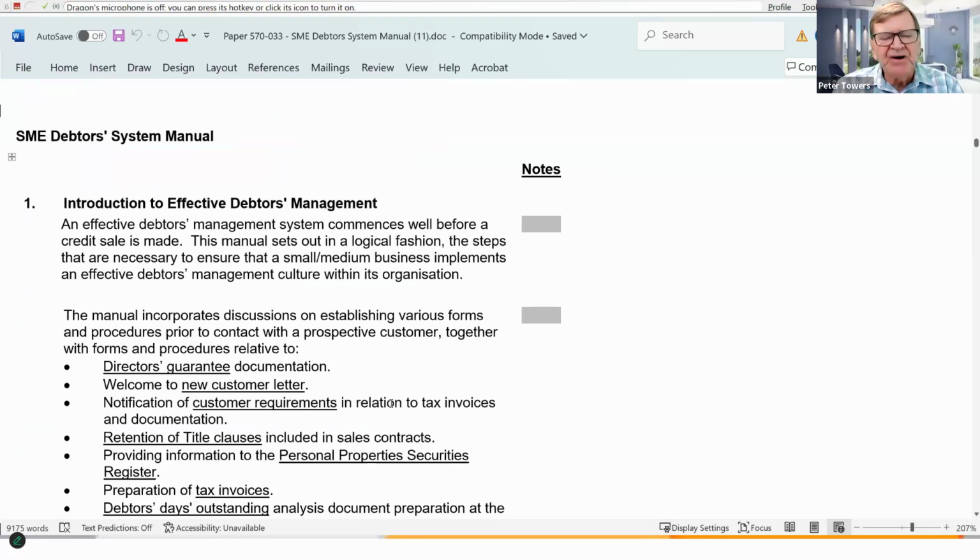This system has been designed to assist the person who's got the direct responsibility in your client's office for the management of debtors. In my experience over many years, I found that that person tends to be a lady and tends to be a recent employee, as if the firms don't really know much about debtors, so they put the last person to arrive in charge of debtors.